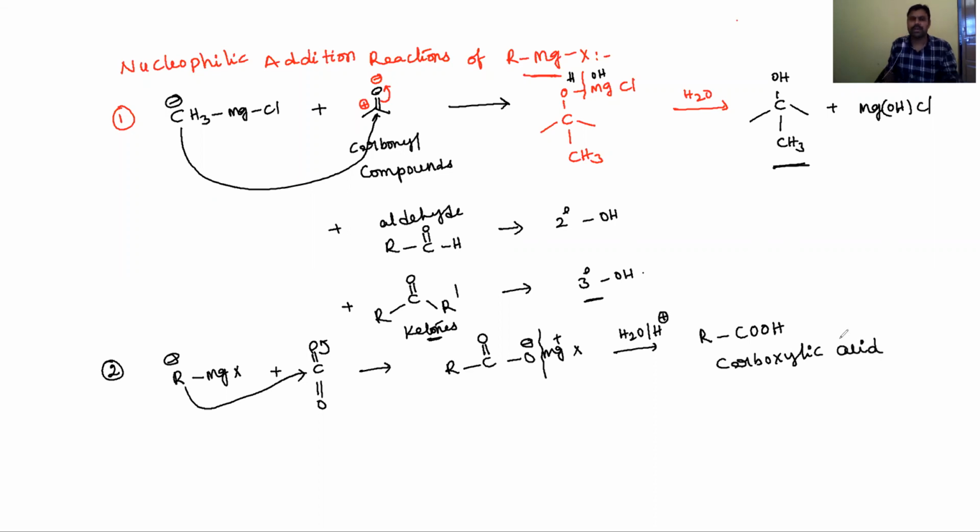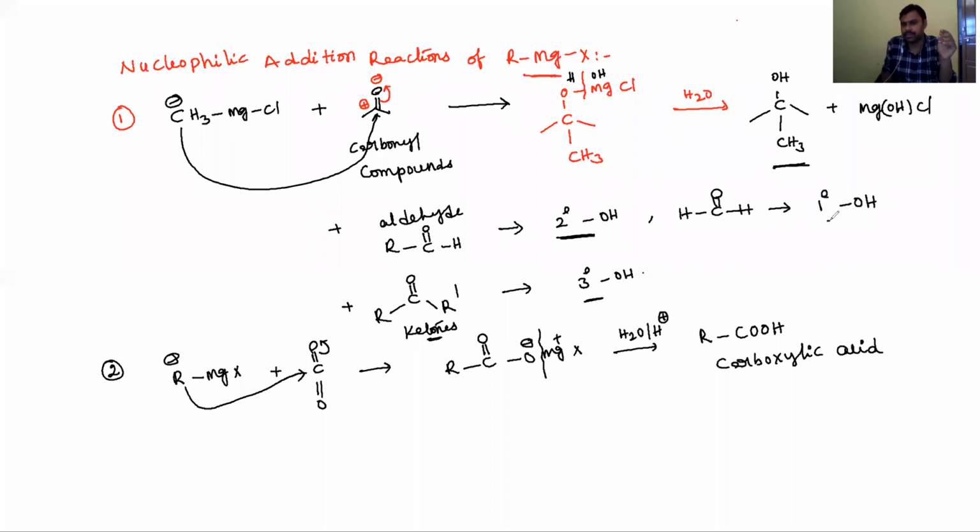Okay, students, the first nucleophilic addition reaction is the Grignard reagent reacting with aldehydes or ketones. Aldehydes give the corresponding alcohols, but formaldehyde, HCHO, gives a primary alcohol.